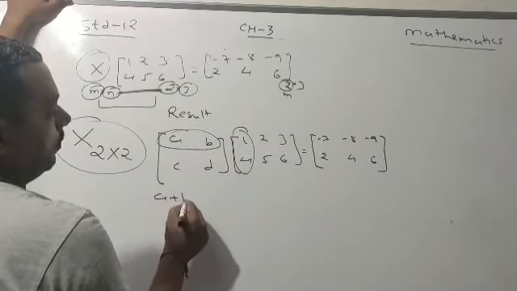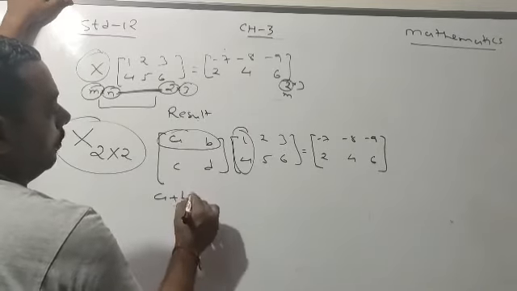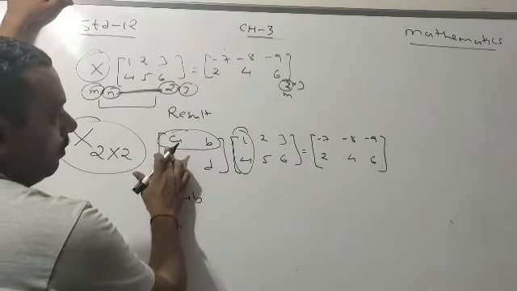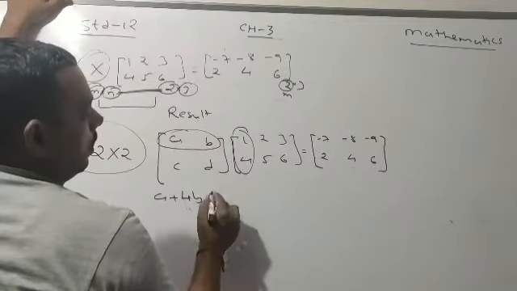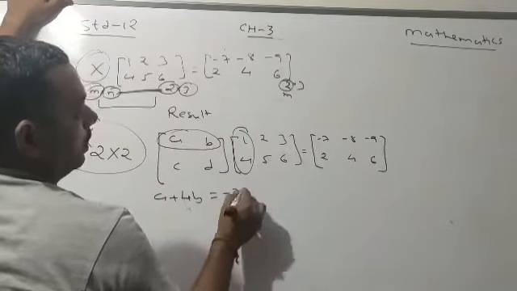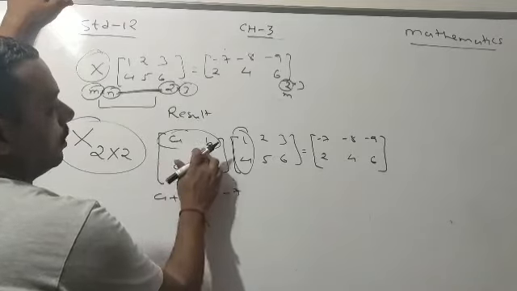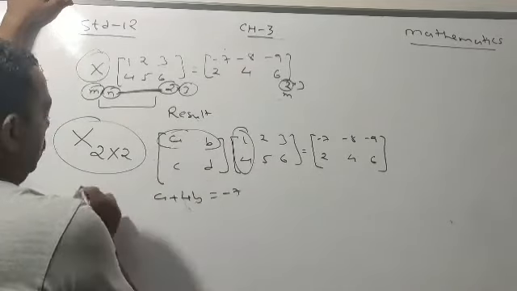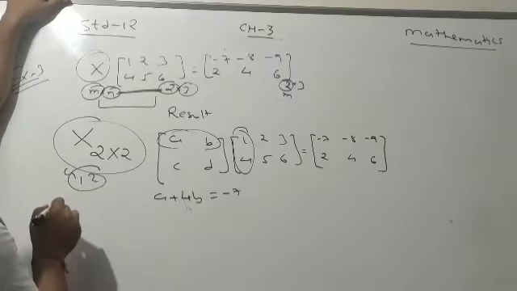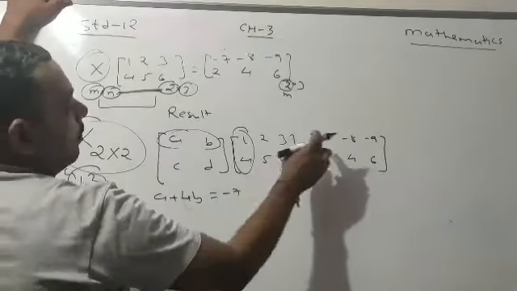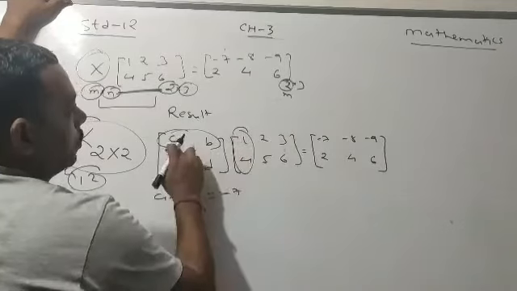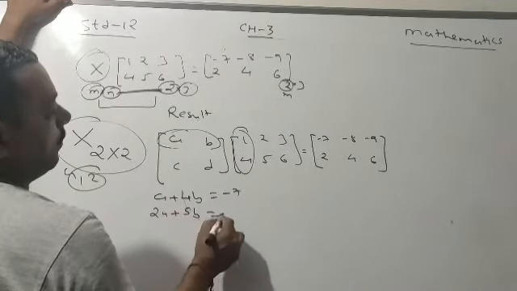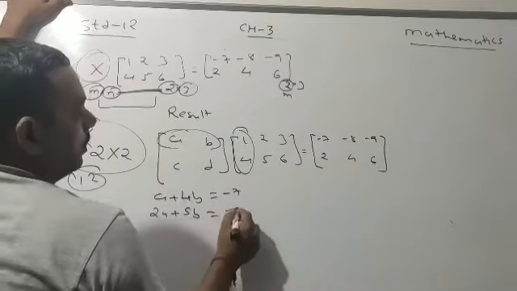This is my first entry, and that I will compare with this -7. Now, first row, second column, that is A12. That is, multiply A, B with 2, 5. So we get 2A plus 5B, compared with -8.